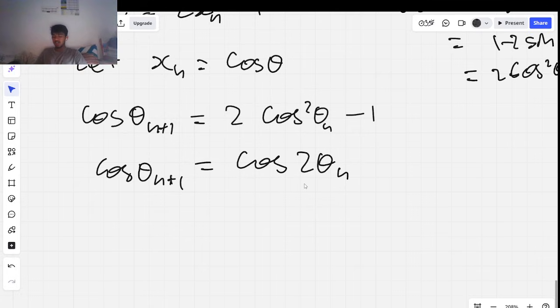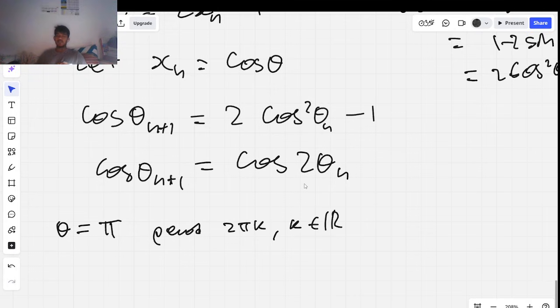So I know that if theta is equal to, let's say, pi, then cosine repeats every 2 pi k, where k is an integer, including 0.